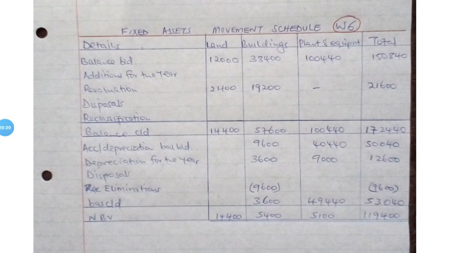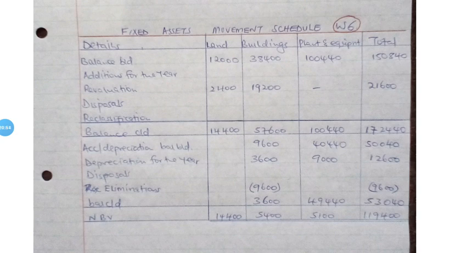So 100,440, you less 49,440, you get 51,000. Then 172,440, you less 53,040, you get 119,400. So this fixed asset movement schedule is very important.